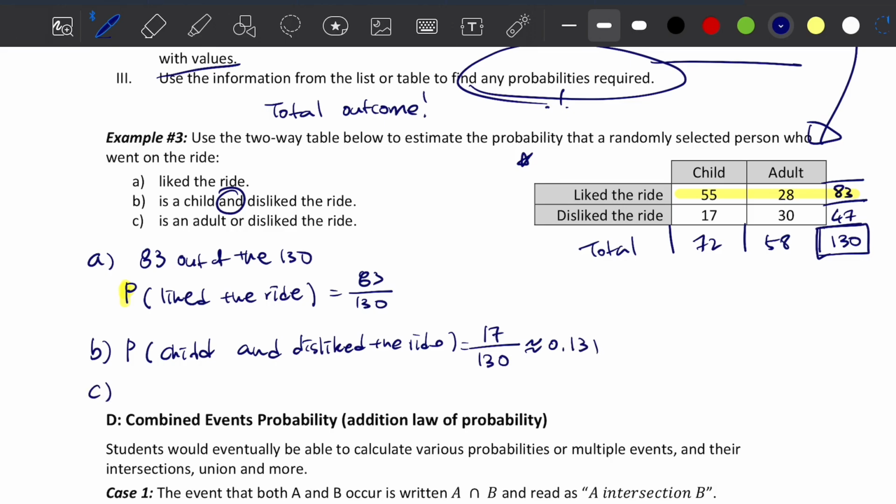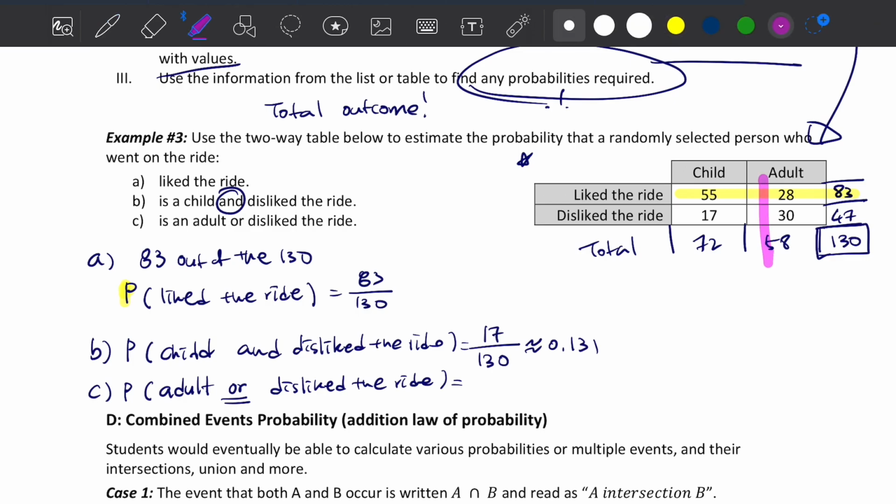Question C, we need to find the probability that the random person is an adult or dislikes the ride. So we need to look for the case where the person is an adult, so 58, or dislikes the ride.